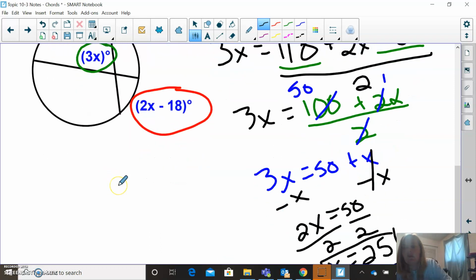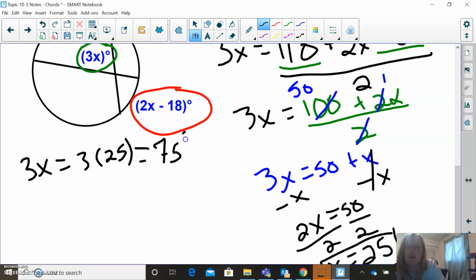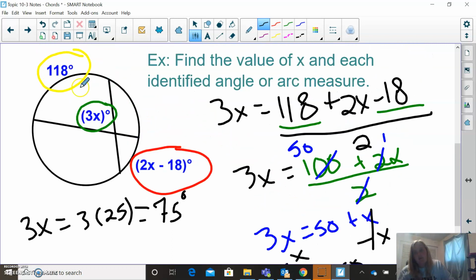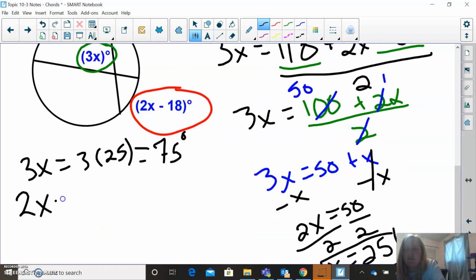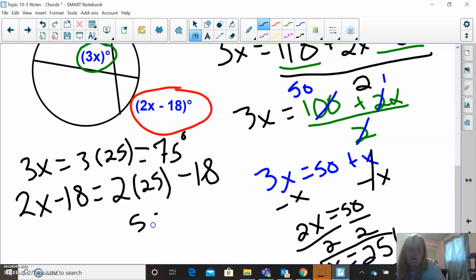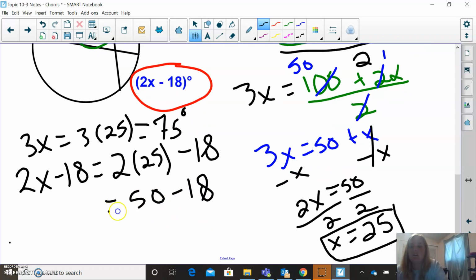And so for this one, we'll do 3x is equal to 3 times 25, which is equal to 75, right? Because if you've got 3 quarters, you've got 75 cents, right? Then we have to do the same for the other one. This one we already know, right, is 118. So we'll plug it into 2x minus 18, which is equal to 2 times 25 minus 18. 2 times 25 is 50 minus 18. 50 minus 18 is equal to 32.